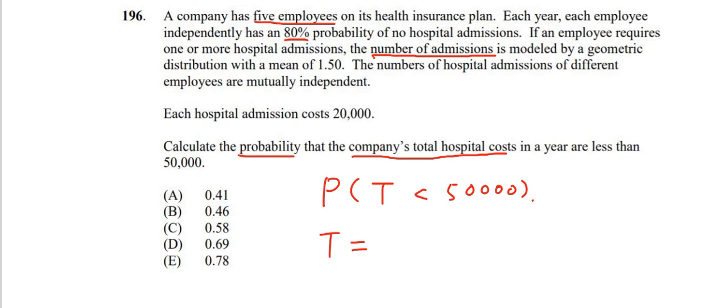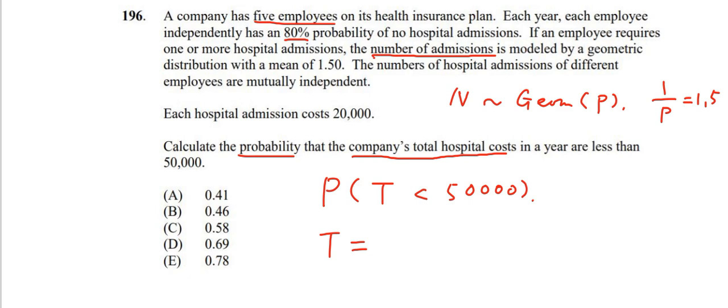So okay, let's say the number of admissions is n, following a geometric distribution. The geometric distribution has parameter p, so the mean is 1 over p, right? So 1 over p equals 1.5. So that's the number of admissions.